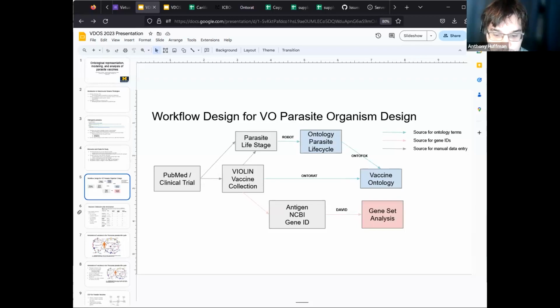Admittedly, we take the very simple approach that if you have experimental evidence that it works as an antigen, it's an antigen. So that's what we use as our basis. RV, when it comes to prediction of antigens, is more speculative, but that's unrestricted to any valid peptide sequence or protein sequence, which then can be predicted. But again, anything that we're currently predicting in silico as an antigen is not going to be added to the database or VO. That's just a tool to help scientists hopefully run experiments to then confirm that, yeah, this is an antigen.